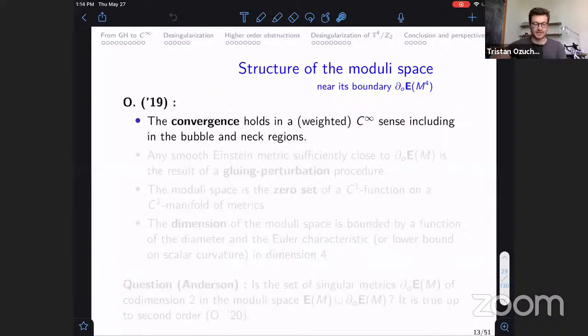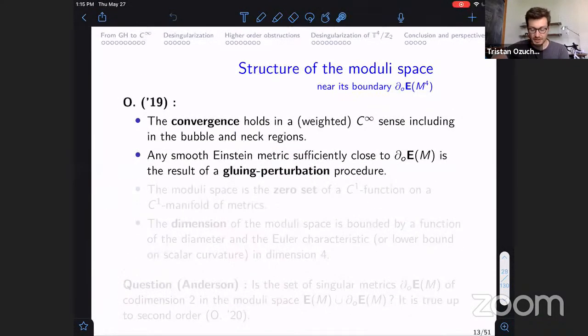Another type of question that we can ask is that of the structure of the moduli space. The first tool in order to study this is to understand the convergence better. Up to here, we were only talking about Gromov-Hausdorff convergence, and I proved that there is a much stronger convergence in the weighted norm sense.